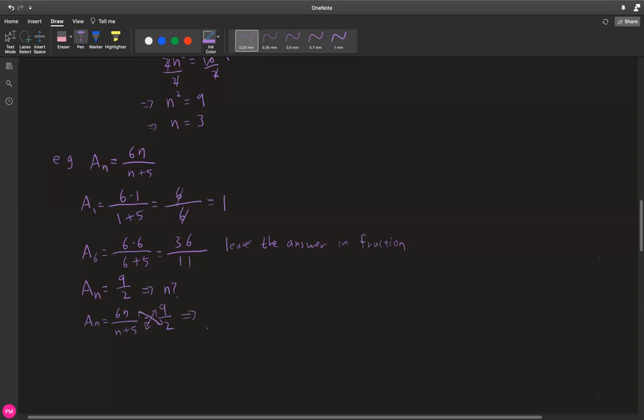Then what are you given? You're given 2 multiplied by 6n, and that is the same as 9 multiplied by n plus 5. So make sure you put the parentheses here, because otherwise you're going to get a wrong number.